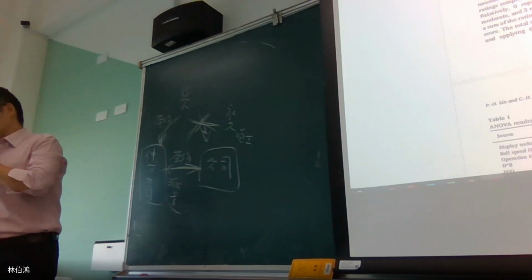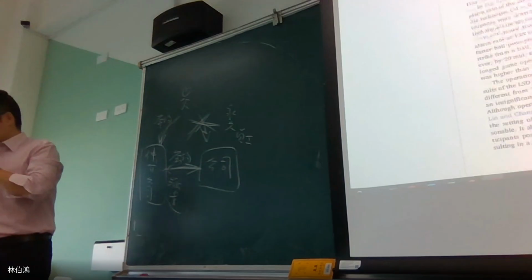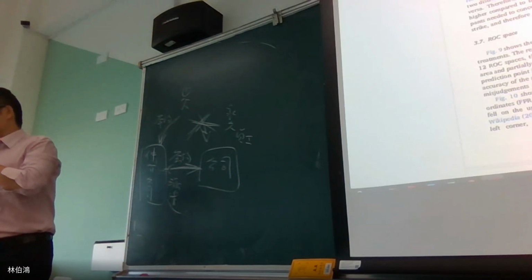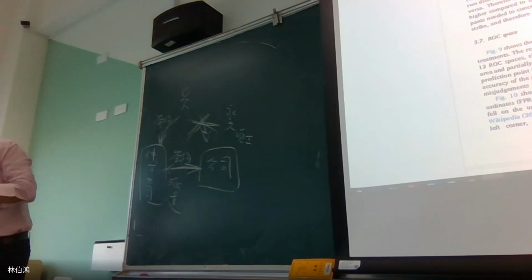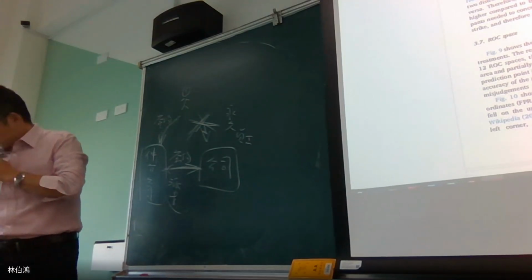FPR is false alarm. So here, higher hit rate and lower false alarm means the sample is reliable. So that is the answer for the question.